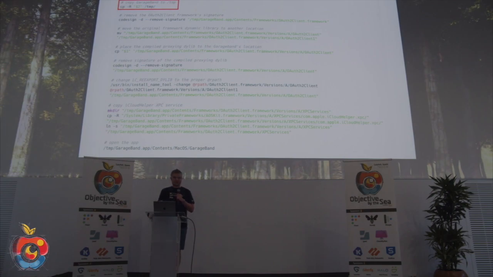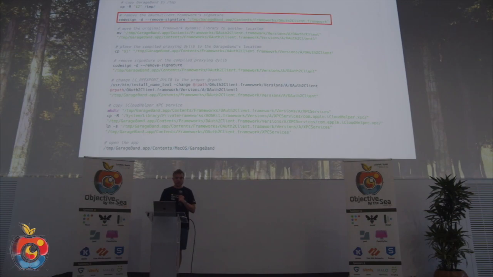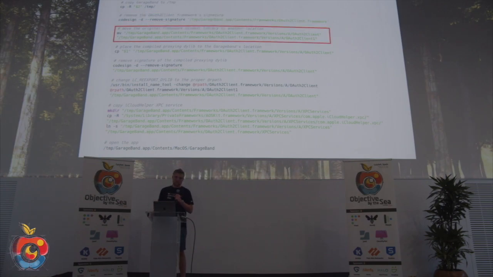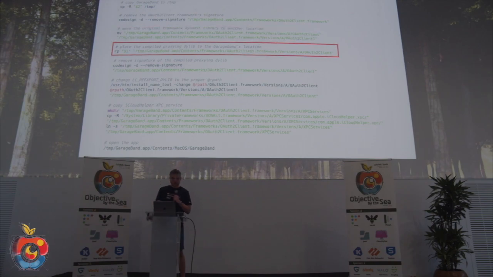So at first I was copying GarageBand to a temporary directory. I was removing the signature, but only of the framework that we are going to proxy. I moved the dylib of that framework to a new location just by appending it with one on the end. I copied the proxying dylib that I compiled, the one with the C code I showed you before.